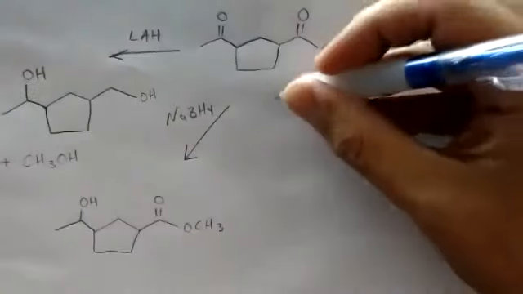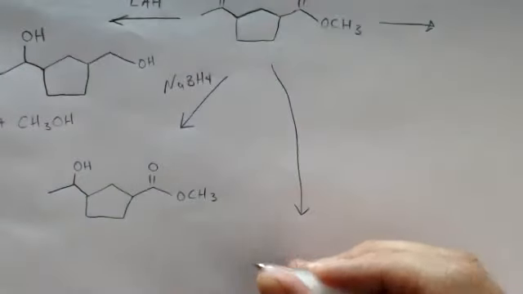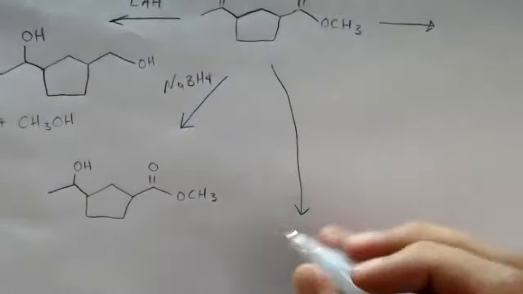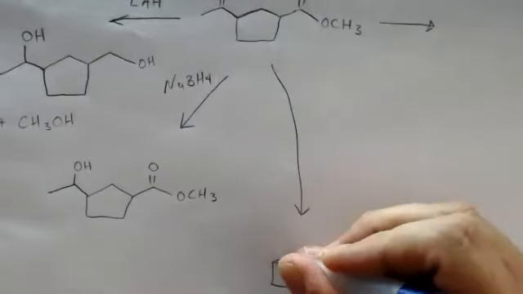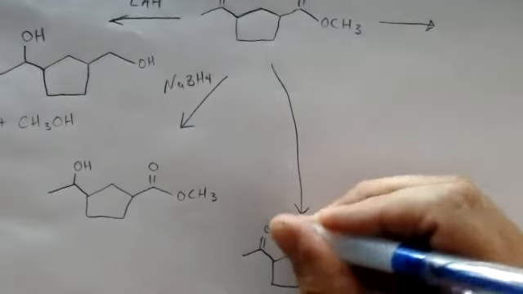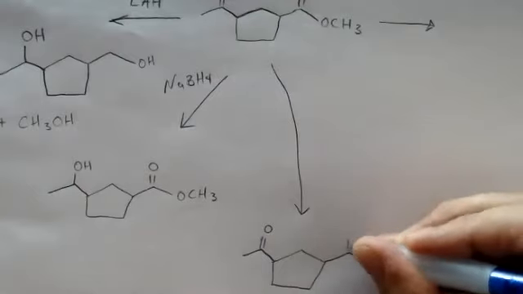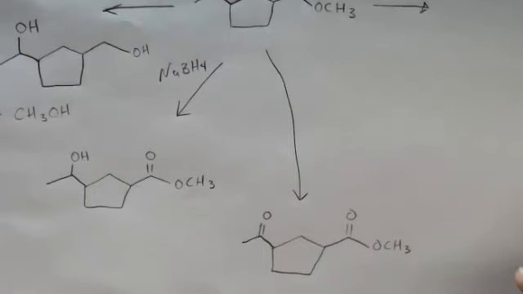Let's do a fun one too while we're at it. What if you wanted to reduce the ester but keep the ketone? How can we do that? Use DIBAL. We need to protect the ketone with a diol. What the diol typically does is allow for reduction.